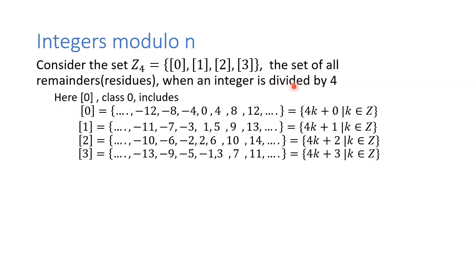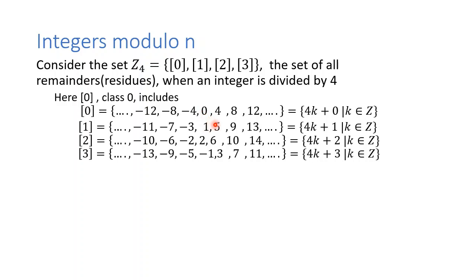Which means when dividing by 4, we only have these 4 elements as the remainder. Actually, here we can define addition modulo 4 and multiplication modulo 4. Here you are having 4 elements. We can add any 2 elements. Adding any 2 elements means you are adding the elements of the set from one class to another class. For example, when you are adding 0 and 5, you will have 5 only.